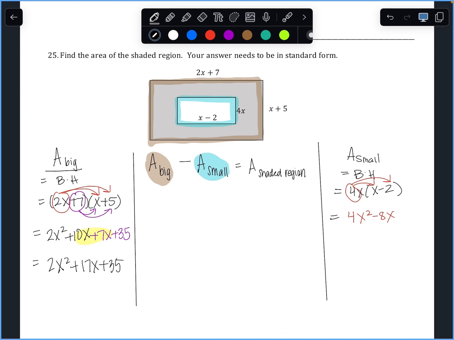We take the area of the big rectangle, and then we take the area of the small. And we get 2x squared plus 17x plus 35. We substitute the next one. We got to make sure we bring that minus sign, and put parentheses because there are 2 terms, and whenever you have more than one, you always put parentheses, okay?